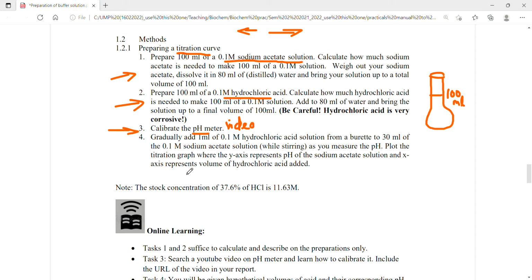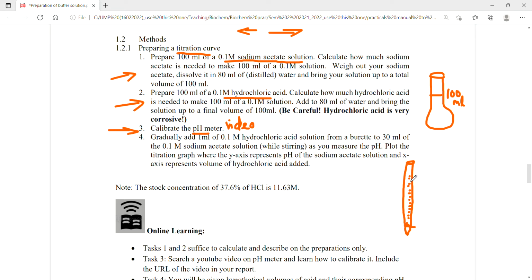So what you need to do is use a burette. I hope you know what a burette is. If not, please Google what a burette is. It is a long cylindrical glassware, and at the end of it there are drops, and it has a lot of lines with different volume measurements.